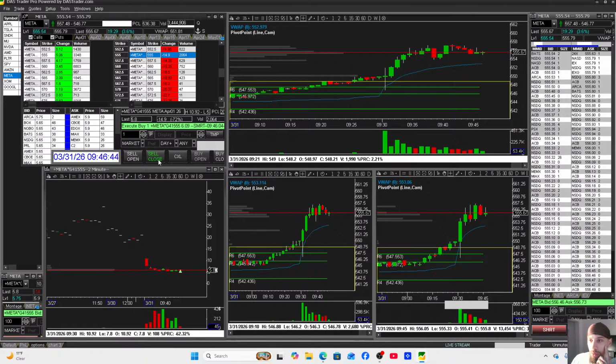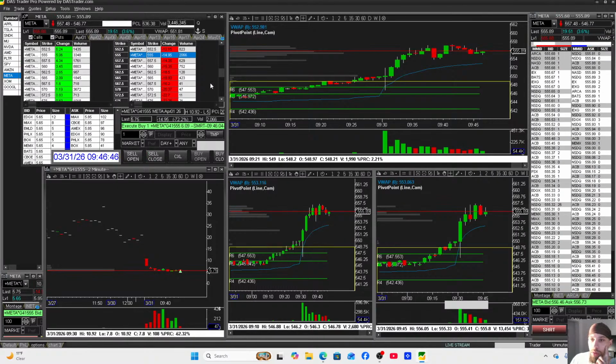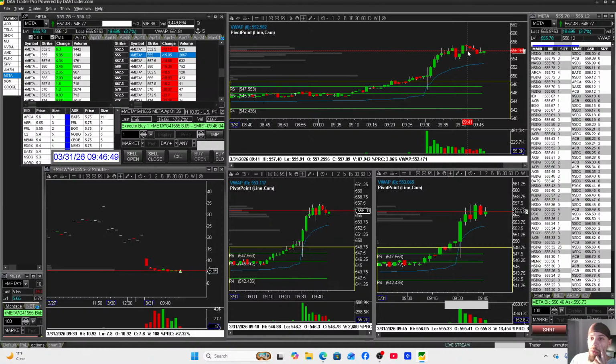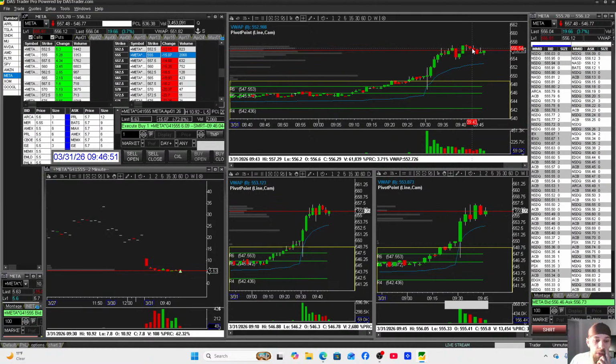SPY and Q's are still bullish. We don't like that for us. Better risk reward was way up there.